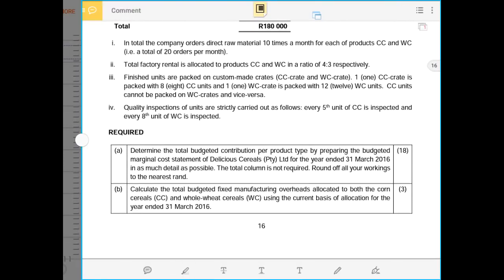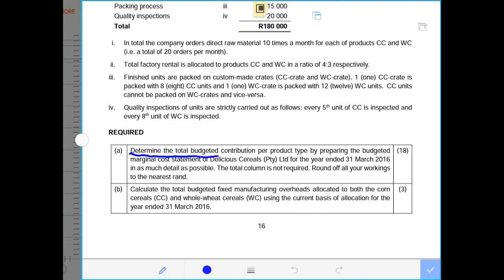The first requirement says that I am required to determine the total budgeted contribution per product type by preparing the budgeted marginal cost statement of Delicious Ltd. Be mindful that the marginal cost statement only takes into account the variable manufacturing cost as the cost of production.